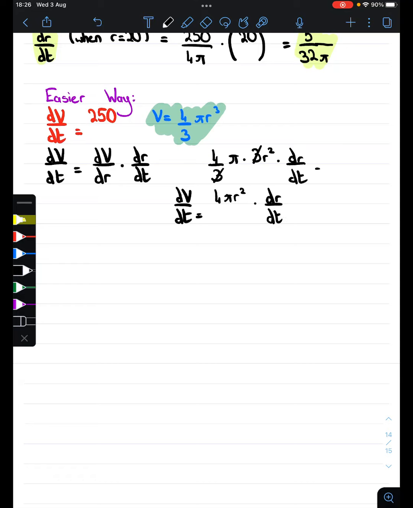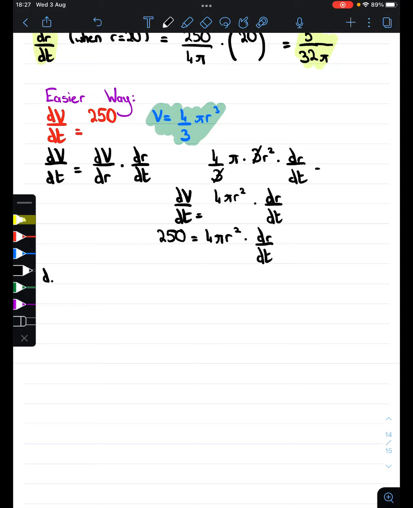And again, we know what dv dt is. It's just 250. So we get 250 equals 4 pi r squared times dr dt. And now if we want, we could divide across by 4 pi r squared to just get dr dt by itself.